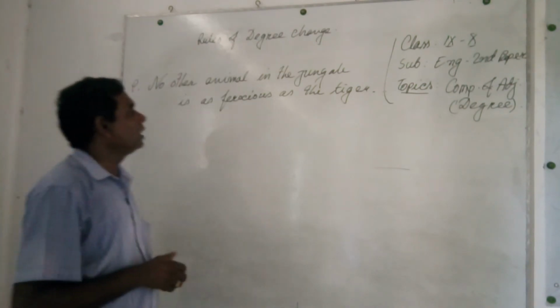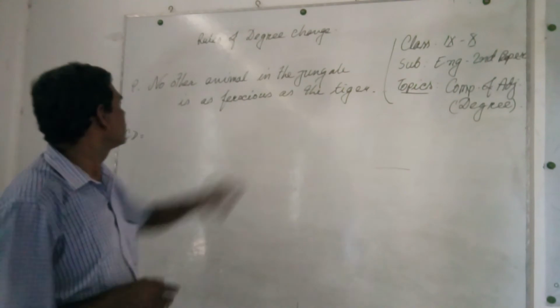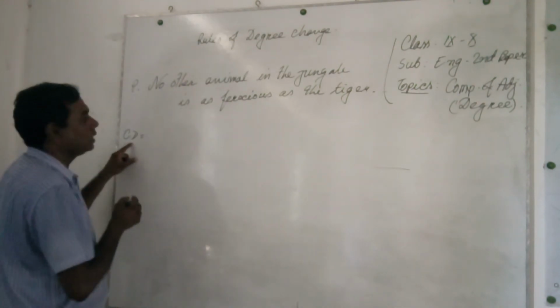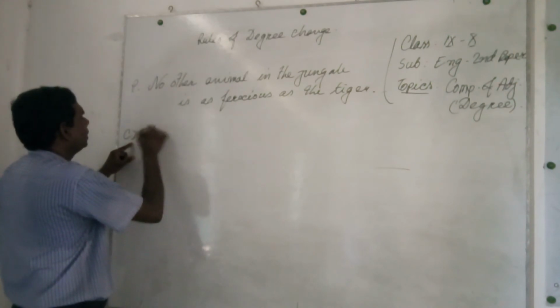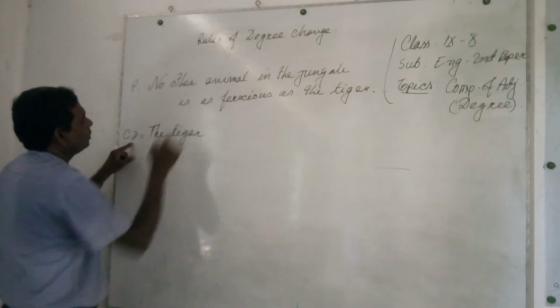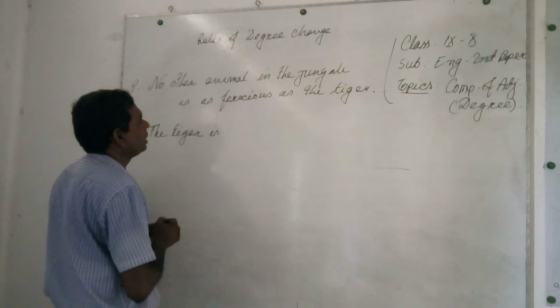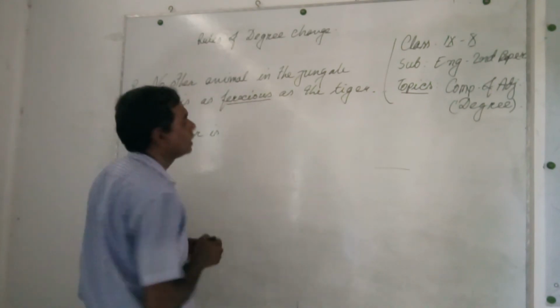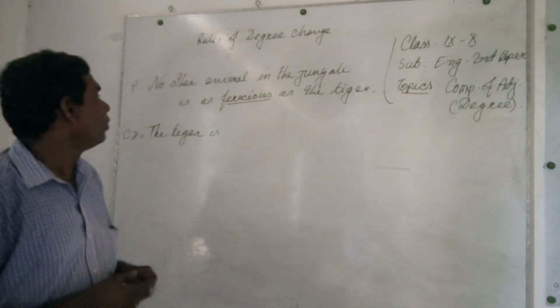So we use the last subject of the positive degree in the comparative degree. Last subject, the tiger, then we use the verb is, then the comparative degree. Ferocious, the adjective word, its comparative is more ferocious.